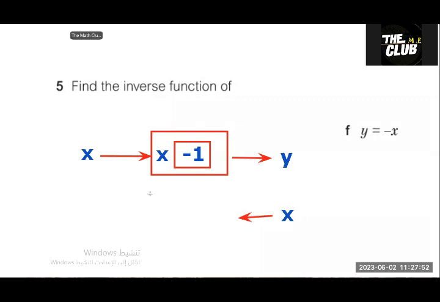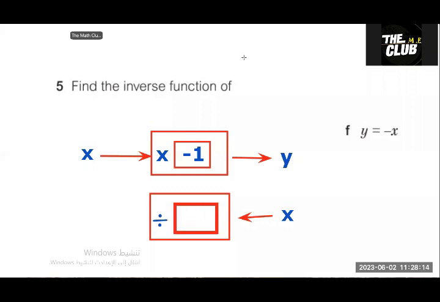So the opposite of multiplying by -1 is going to be what? Very good. We said that multiplying is stronger than addition and subtraction. So we do the opposite of multiplying. So the opposite of multiplying is what? Dividing. So I'm going to divide by -1. Very good. -1.